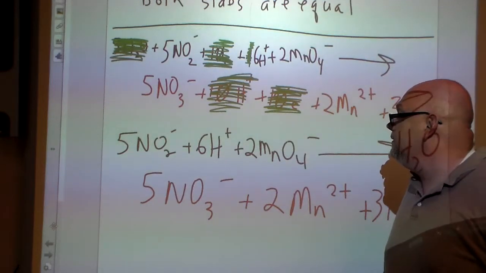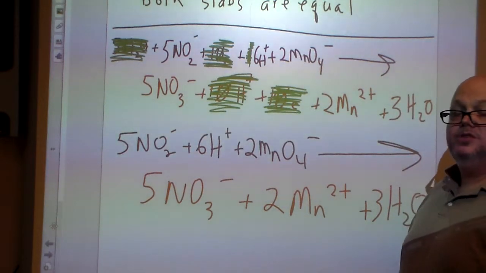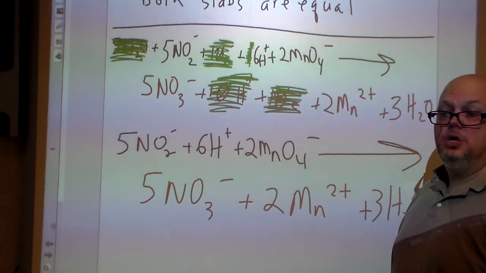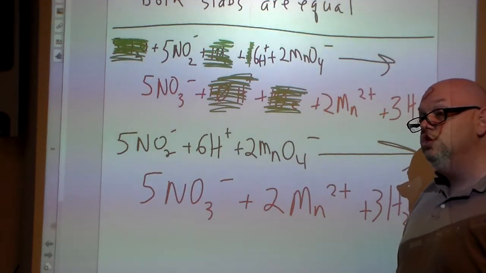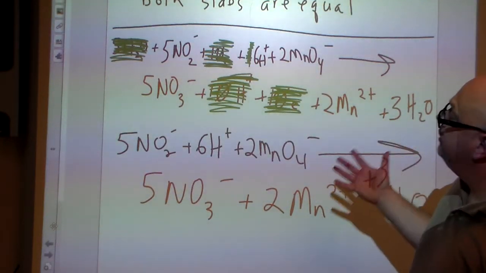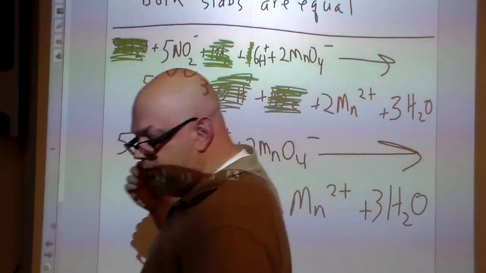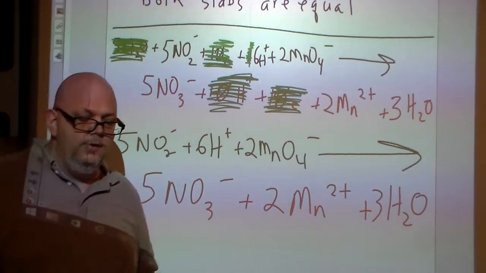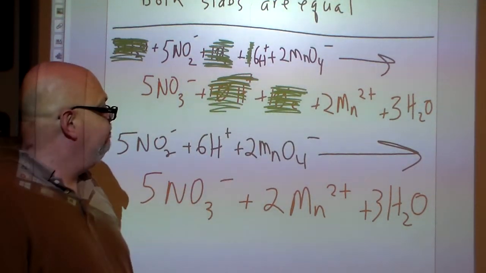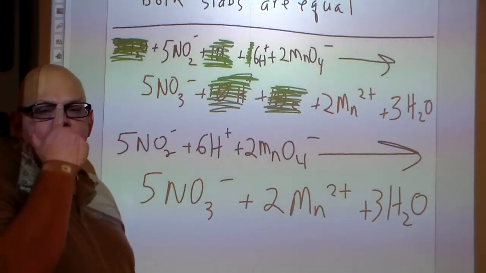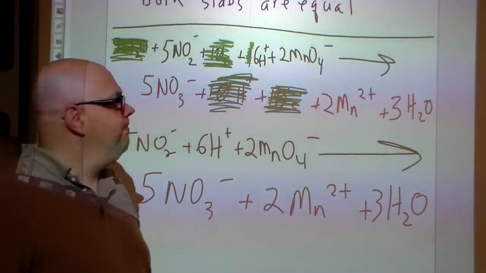That's it, boys and girls. That is a balanced redox reaction in an acidic solution because we used hydrogens and we used water. And remember, the hydrogens would be a clue. This is how you balance it, ladies and gentlemen.